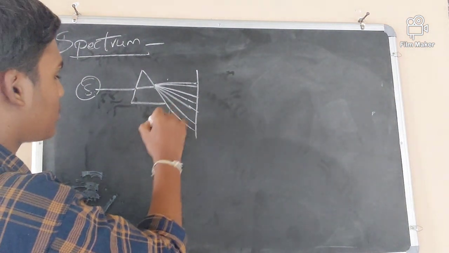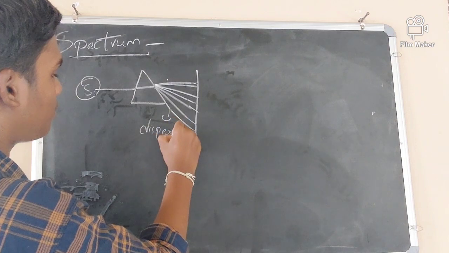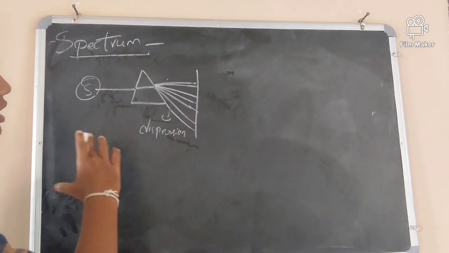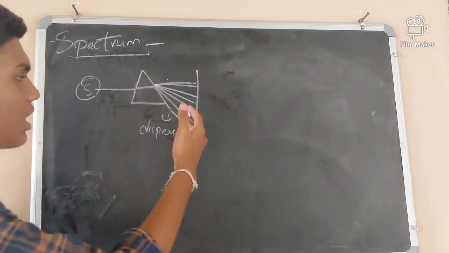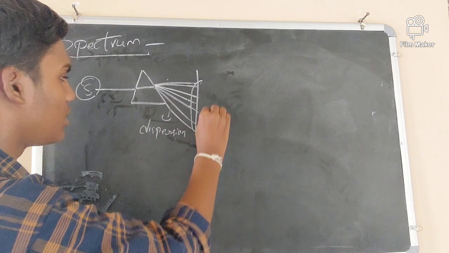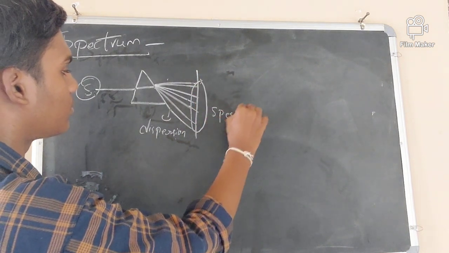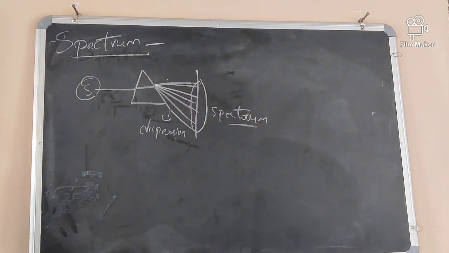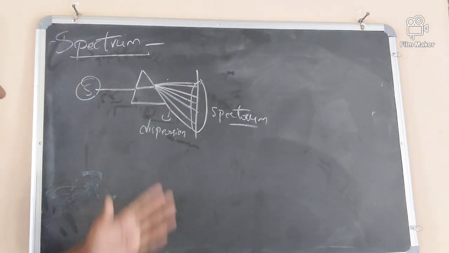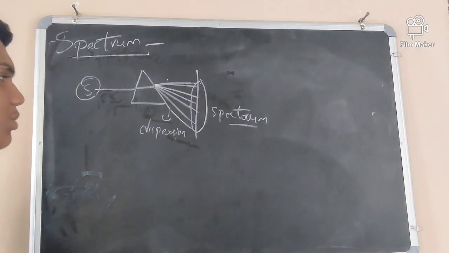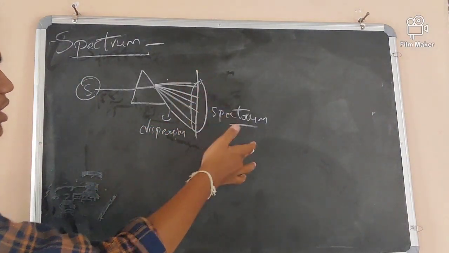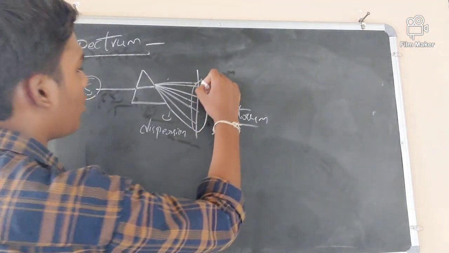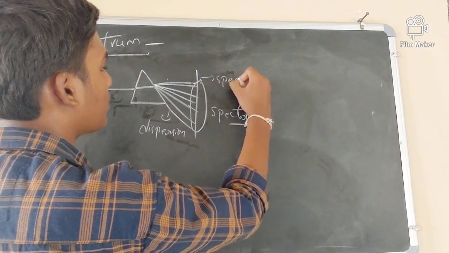This is dispersion, and the photograph of the dispersed light is obtained on a screen. This is a spectrum. Dispersion means splitting of light, and the dispersed light obtained on a screen is called a spectrum.